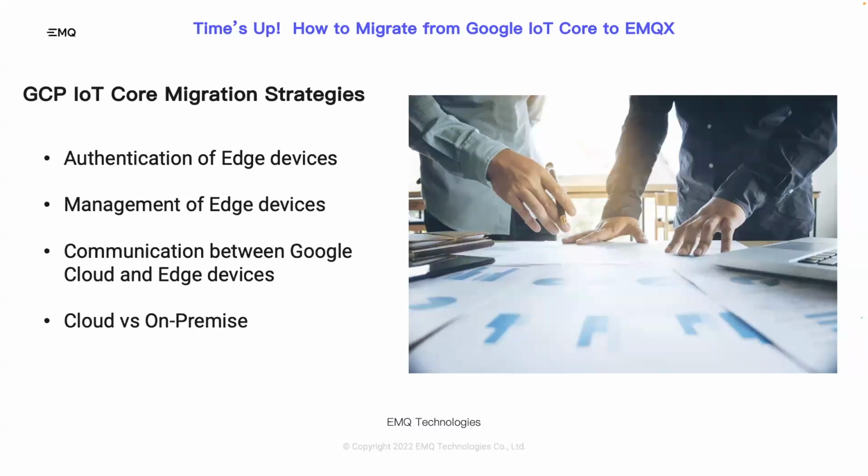One is authentication of edge devices, because as we bring over your devices, we want to do so in a secure manner, with both authentication and authorization, meaning confirming that your device is supposed to communicate on your network, and then that your device has the ability to read, write, and subscribe to topics on the network.